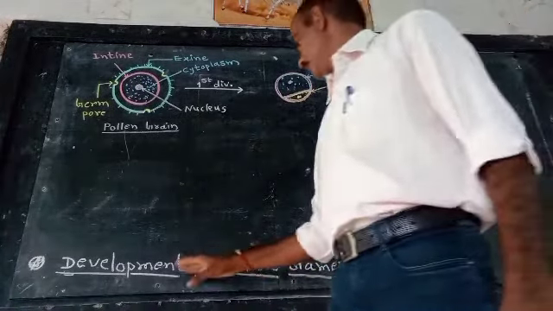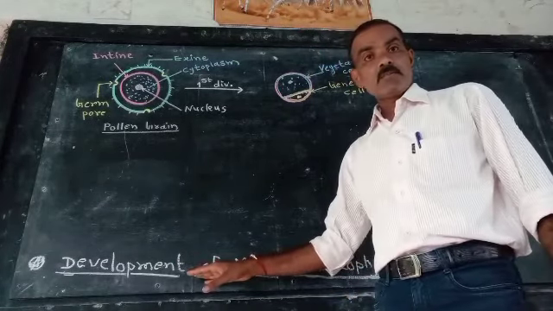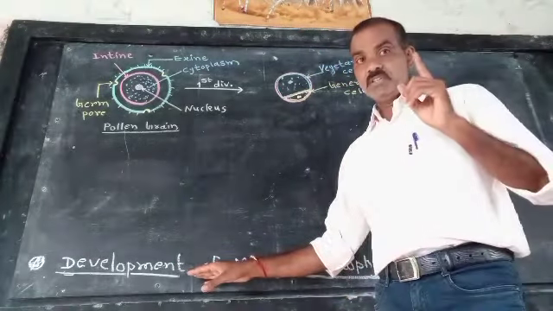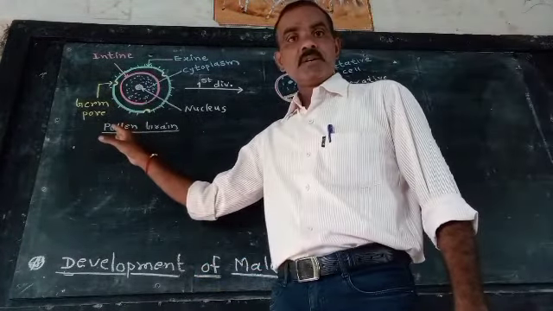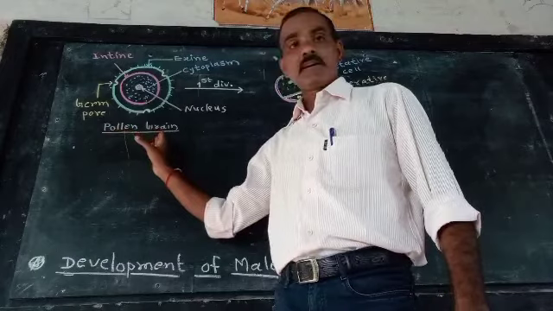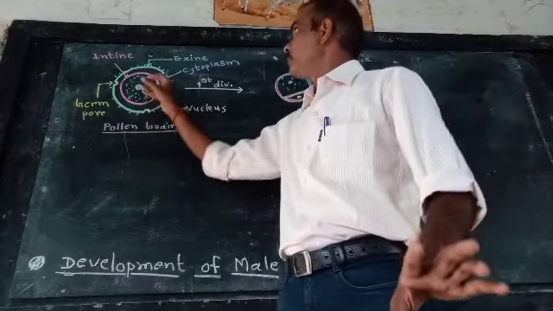The development of male gametophyte takes place from the male gamete. First step, that is the male gamete, known as pollen grain. Already you know the structure of pollen grain.